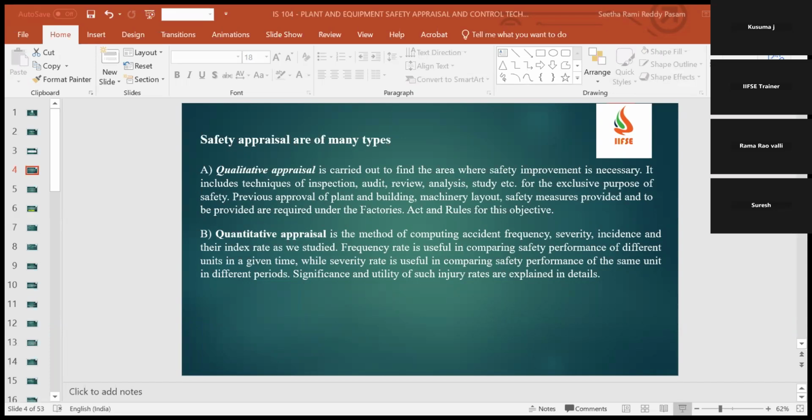Once you have the lessons learned, you implement horizontal deployment, meaning you explain the lessons to your colleagues or the rest of the units. So they have taken the action. For them, it is a preventive action. For us, where the accident happened, it is corrective action. So when I say preventive appraisal, we are doing preventive maintenance before any accident occurs.